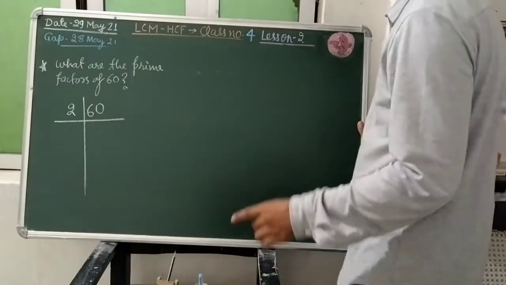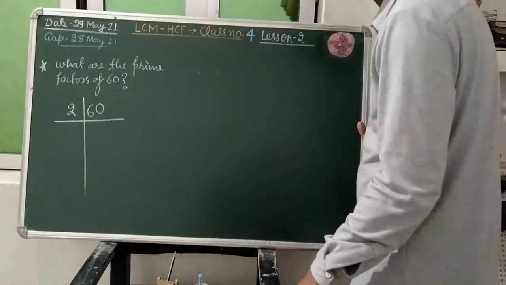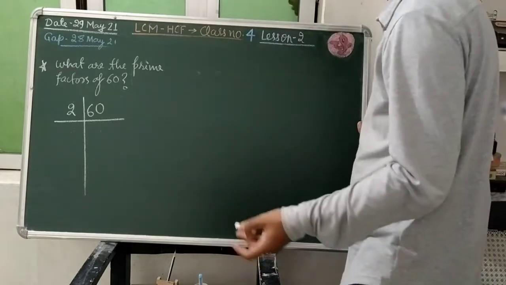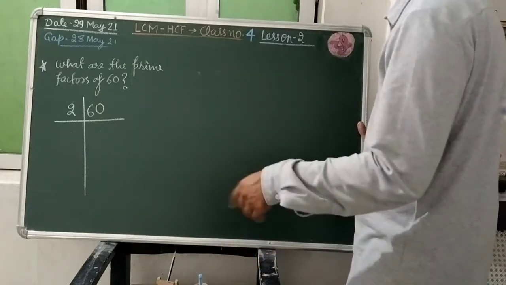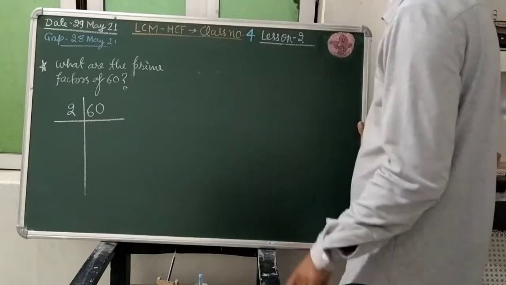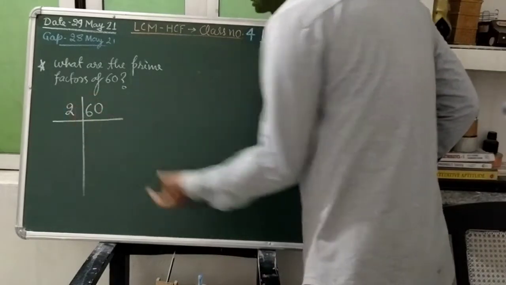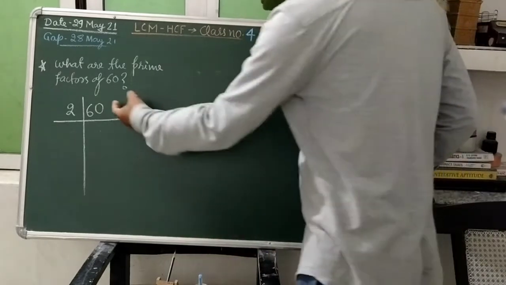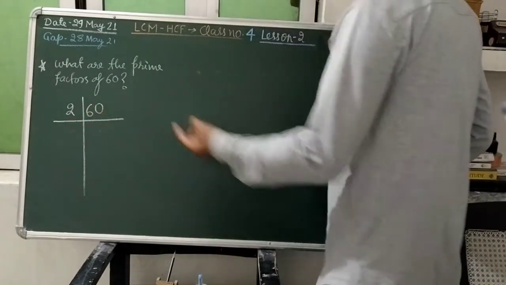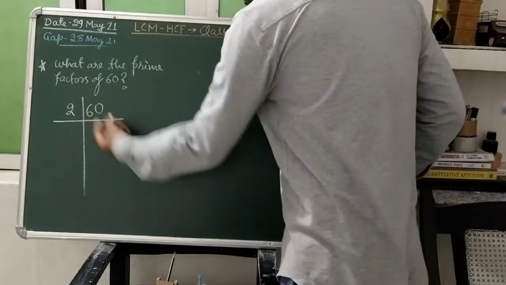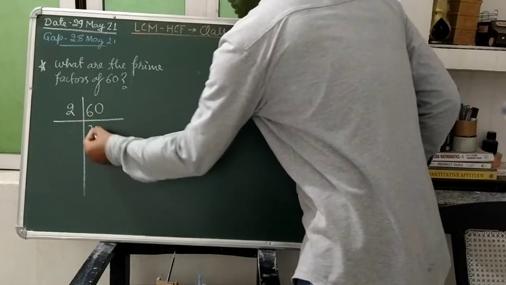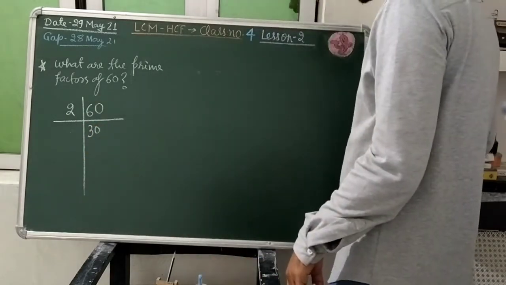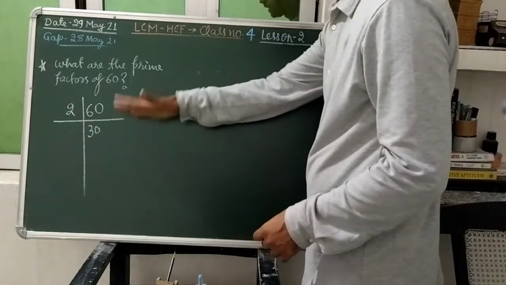You know 2 times 30 will be equal to 60, meaning 2 multiplied by 30 gives you 60. So 2 will go 30 times into this 60. Or you can simply divide 60 by 2. When you divide 60 by 2, what do you get, students? 30 here. After that, one horizontal line is completed.